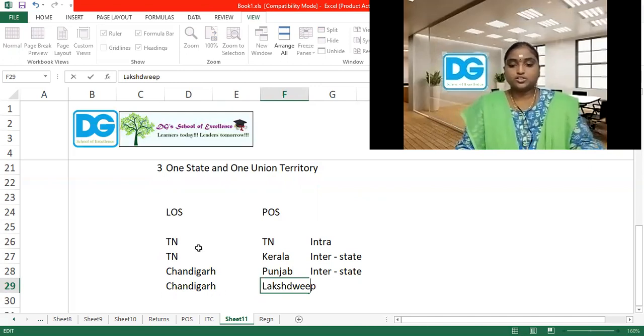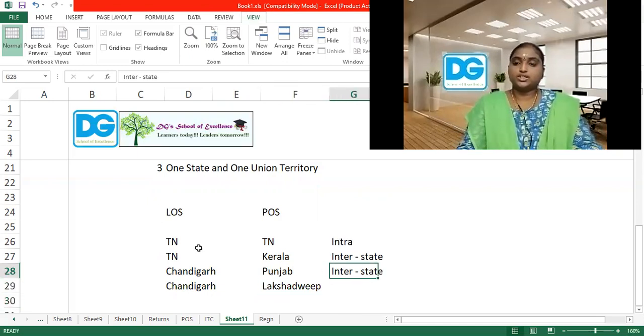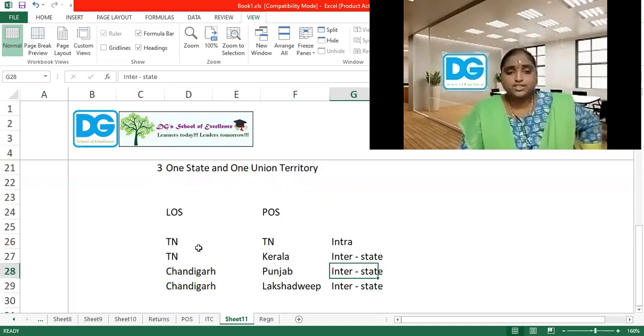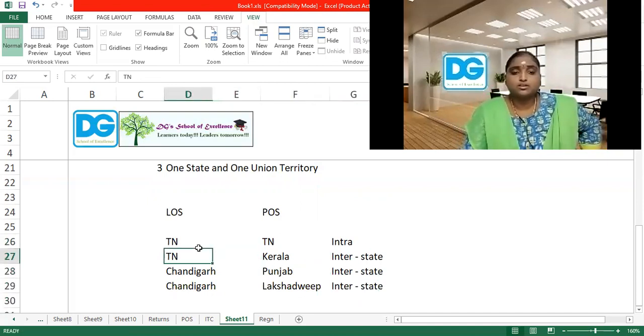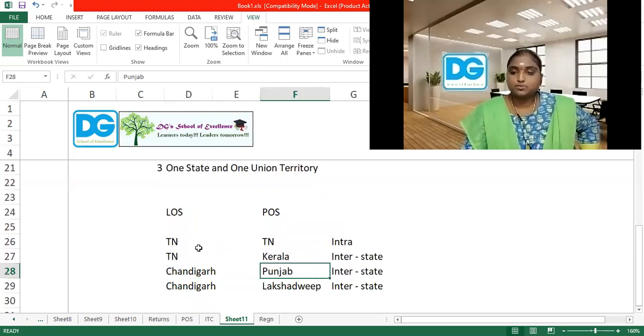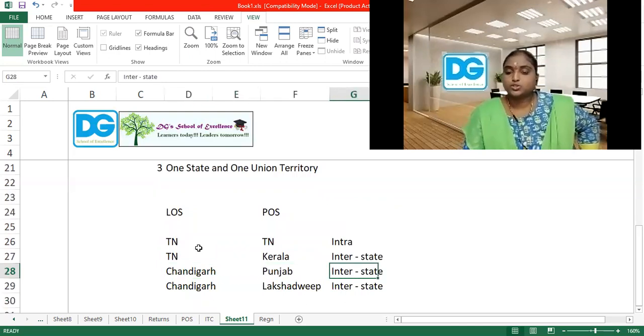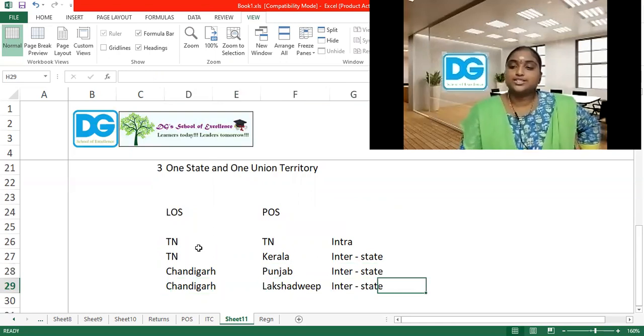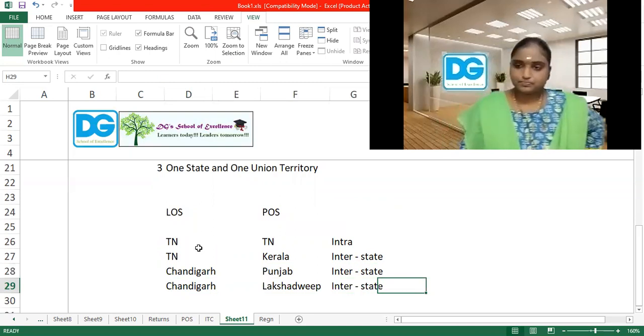In that case it is two different union territories, so it is interstate. So we have seen two different states, Tamil Nadu and Kerala, interstate; Punjab a state and Chandigarh a union territory, interstate supply; and two different union territories, interstate supply.